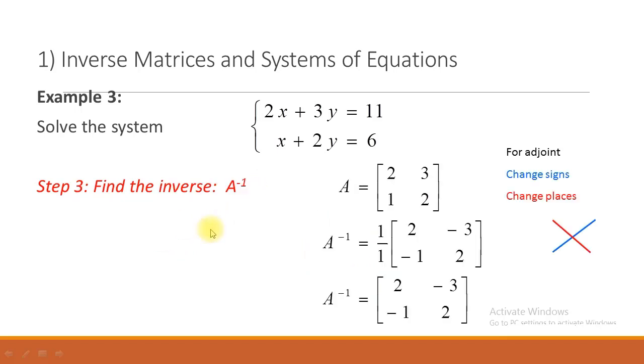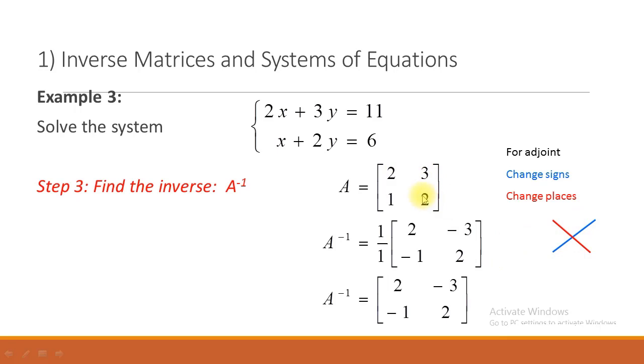And now to find the inverse of the coefficient matrix, we use the formula 1 over determinant times adjoint. For the adjoint, change the places of the two elements of one diagonal. The red color highlights that we change the places of this diagonal, and the blue color represents that we change the sign of this diagonal.